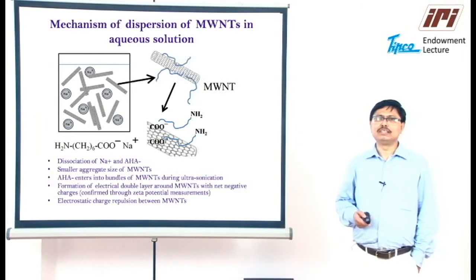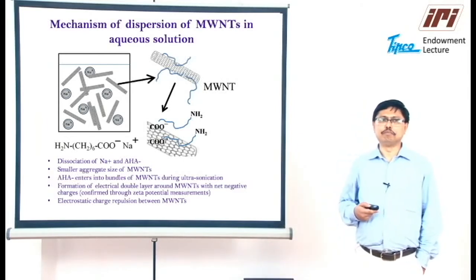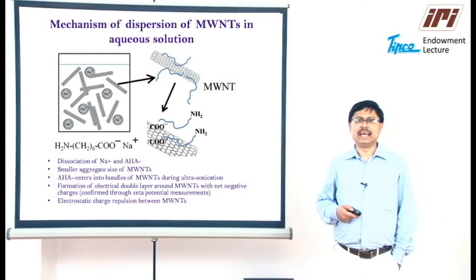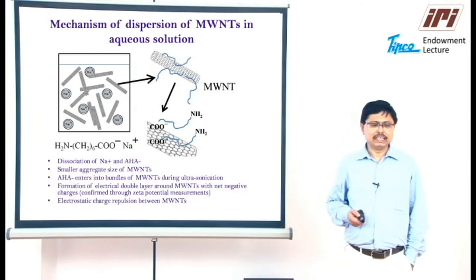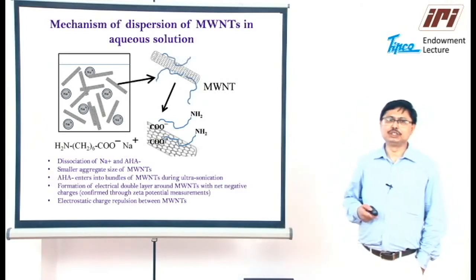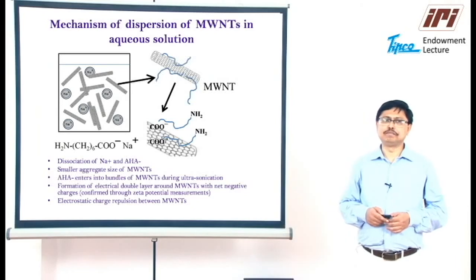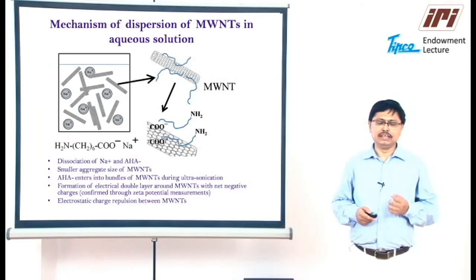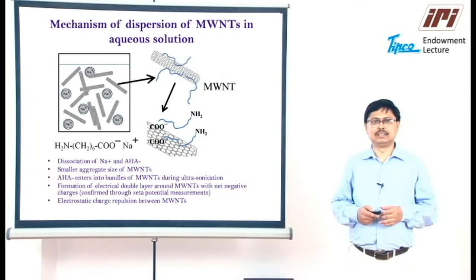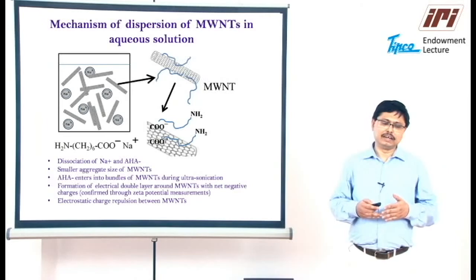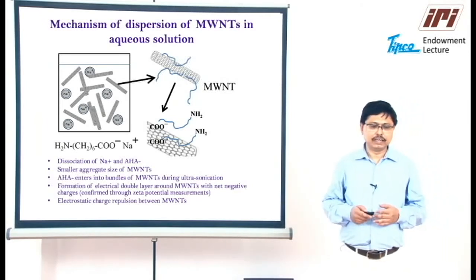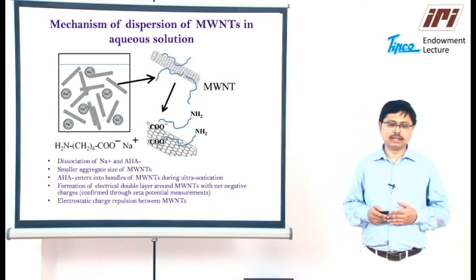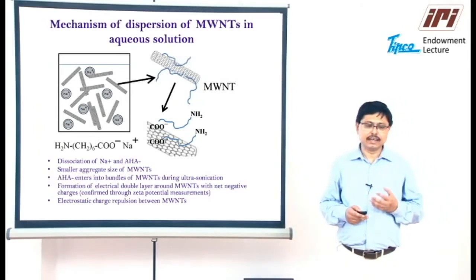In order to achieve a more exfoliated, less aggregated structure of the nanotubes before even putting them in the melt mixer, we realized that NaHA might be dissociated as Na+ and AHA- in the aqueous solution, and during ultrasonication AHA- will enter into the nanotube bundles, and a penetration or gap would be created during the ultrasonication process, and subsequently there would be formation of an electrical double layer around the multi-wall nanotubes with a net negative charge.